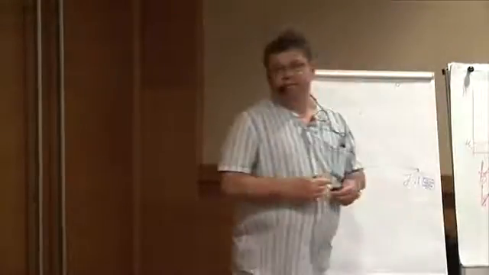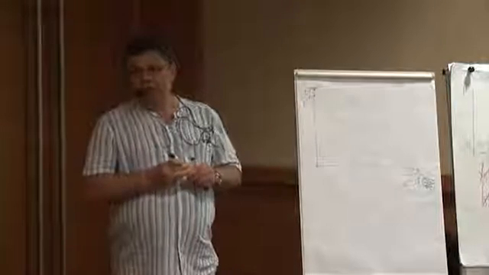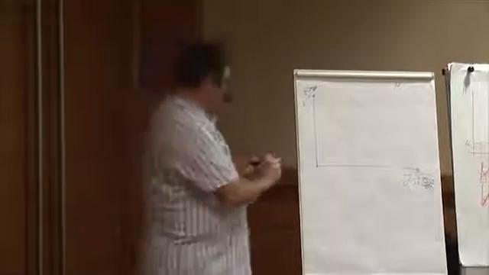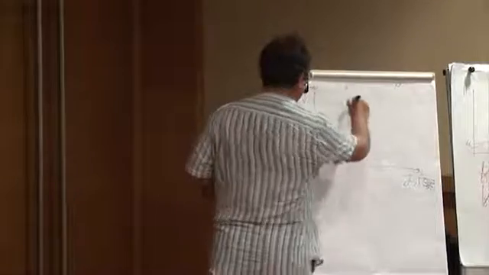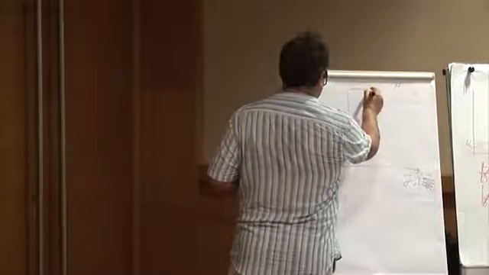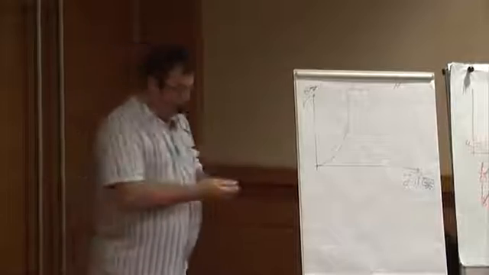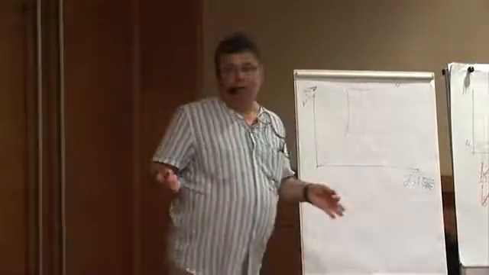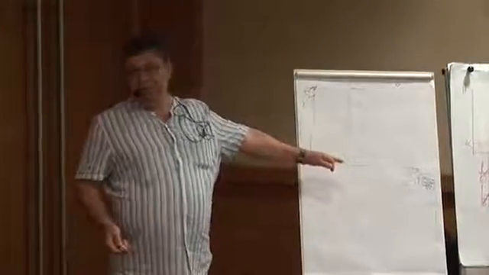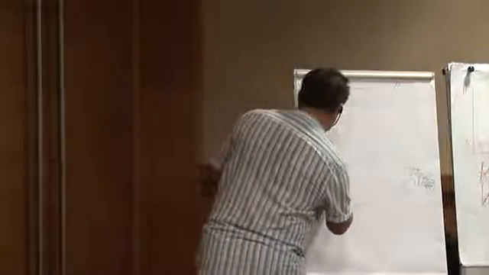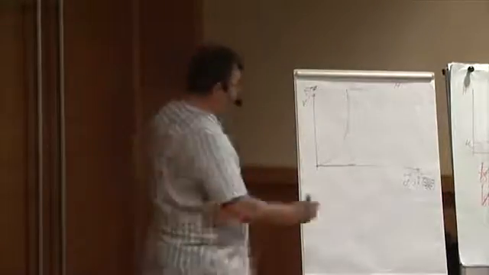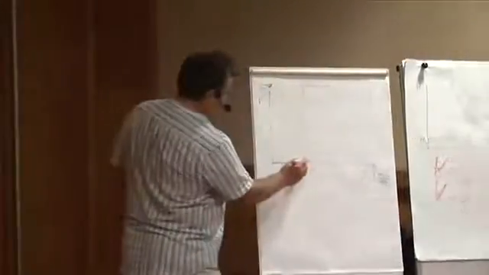What will it be for a semiconductor? A semiconductor is also linear, yes? That will be going like this. How would it be for a superconductor? Well, for a superconductor, we know that at low currents, voltage is zero, yes? So we will start here. At some point, it starts to deviate from this, and is deviating like this.